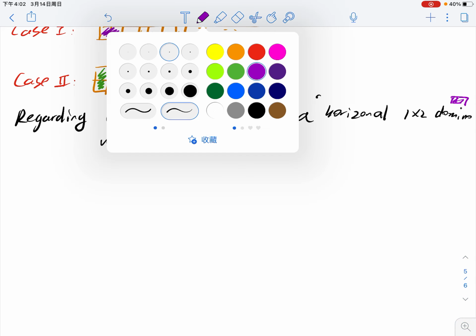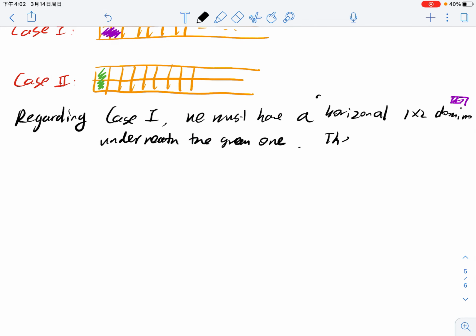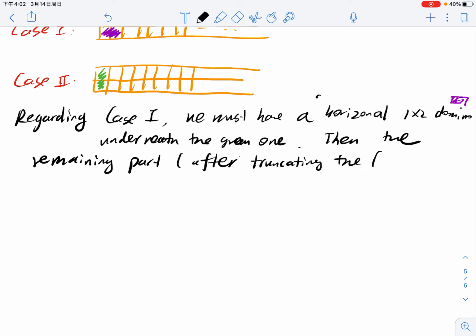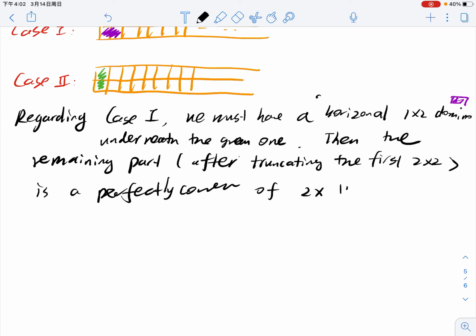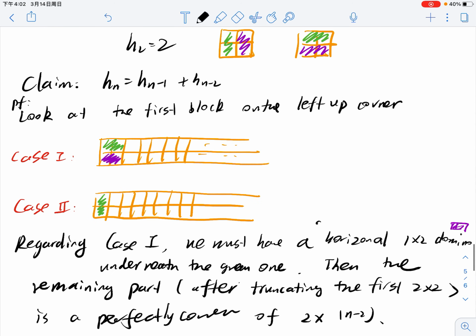Okay, then therefore the remaining part, that means after truncating the first 2 by 2, is a perfect cover of 2 times n minus 2. So you truncate and look at this.